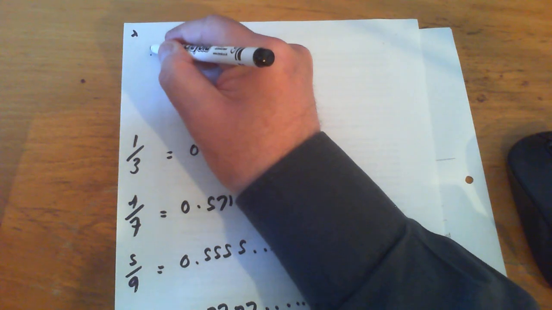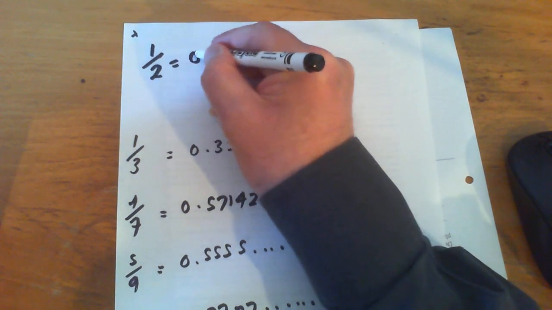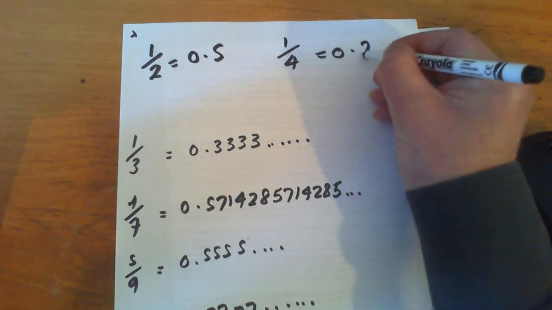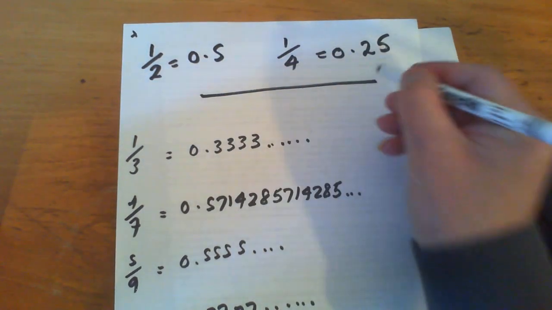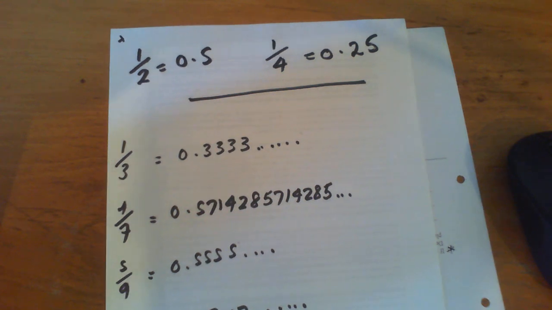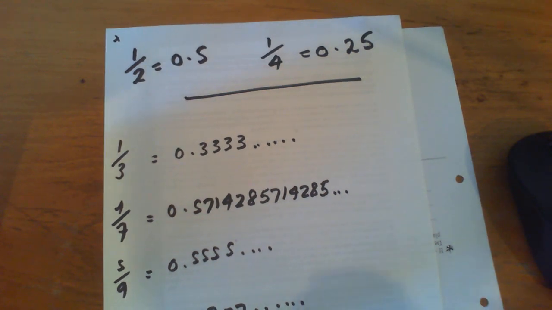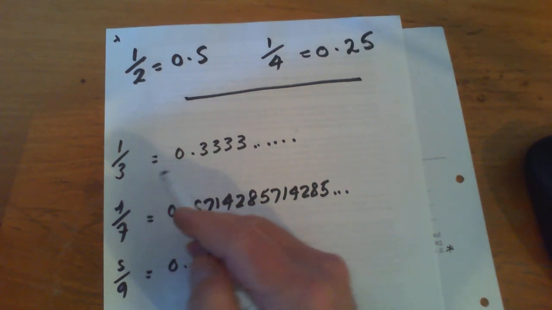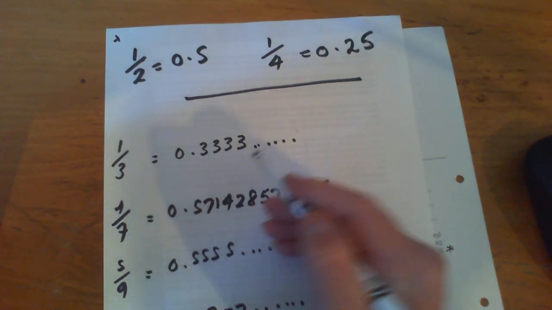Say a half is equal to 0.5, and a quarter is equal to 0.25, and those are exact. The 0.5 is exactly equal to a half, 0.25 is exactly equal to a quarter, but others in general are not so exact. The best known is a third, which is equal to 0.333 recurring.